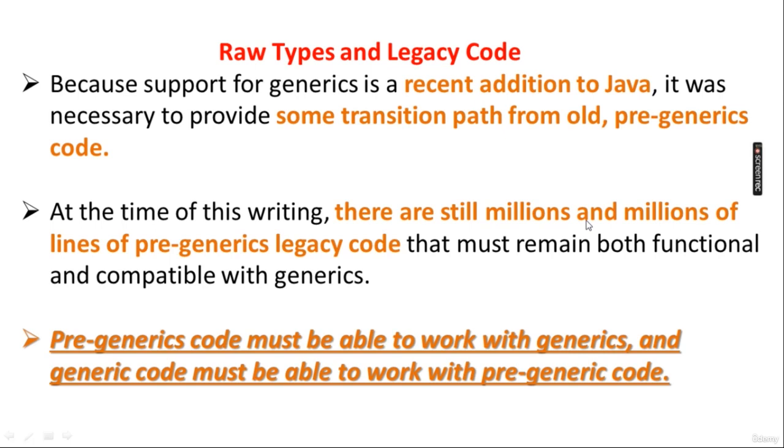So legacy code that was written before Java 5, not written with generic classes, generic methods and generic interfaces, must remain both functional and compatible with the new generics version. Okay, so there should be something connecting the code before Java 5 and after Java 5 that has generics implemented. Pre-generics code must be able to work with generics and generic code must be able to work with pre-generic code.